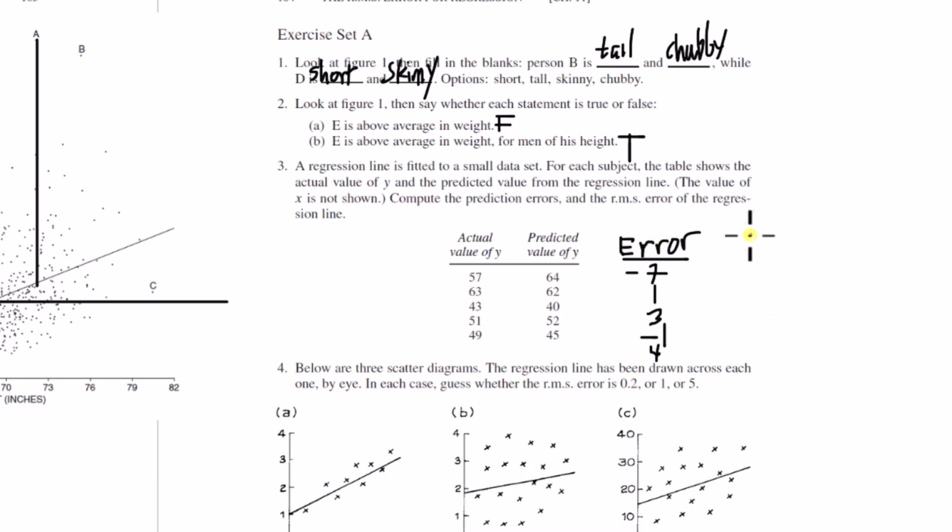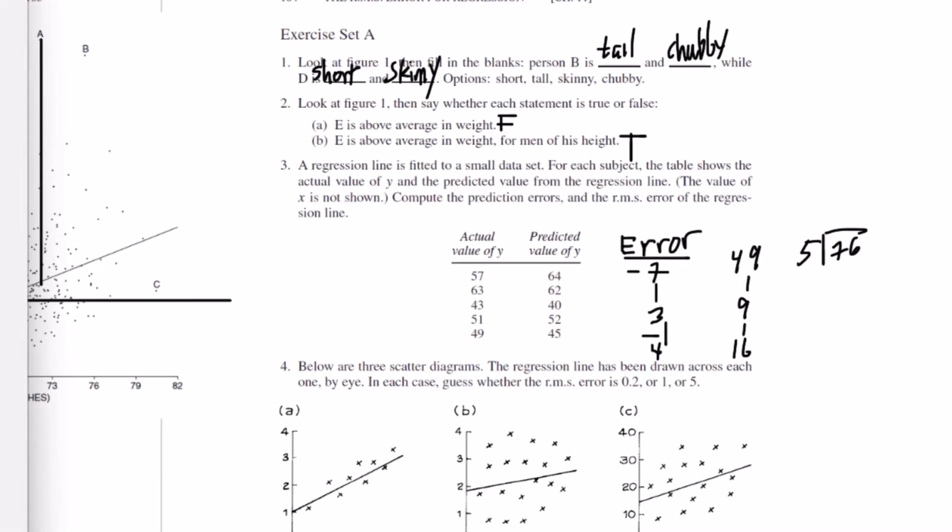So now we just do the RMS. So 49 plus 1 plus 9 plus 1 plus 16. So 49 plus 1 is 50, plus 9 is 59, 60, so 76, divided by 5. Let's just do this here.